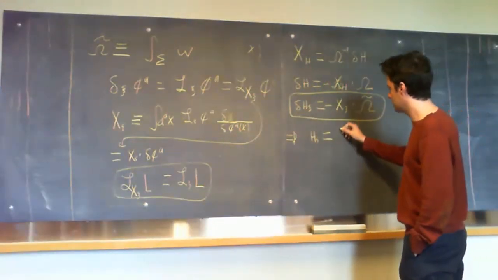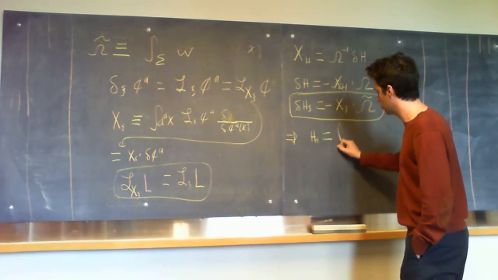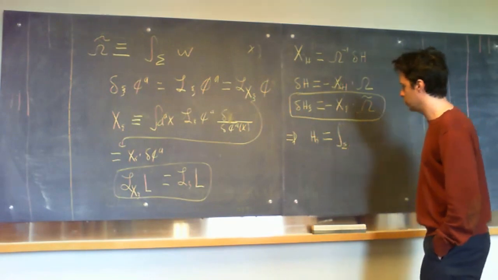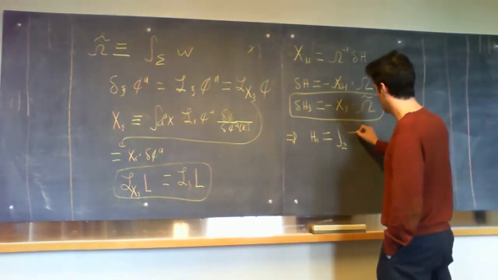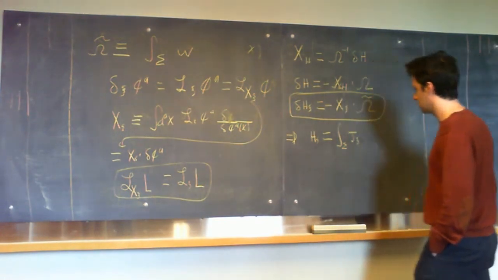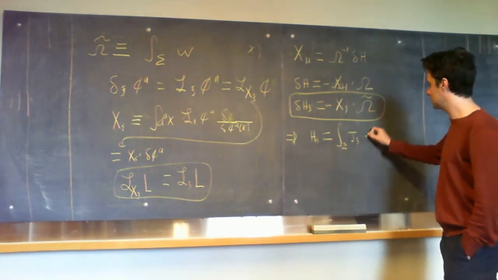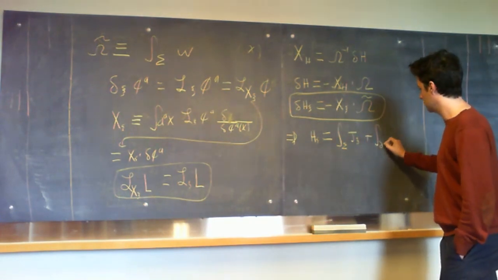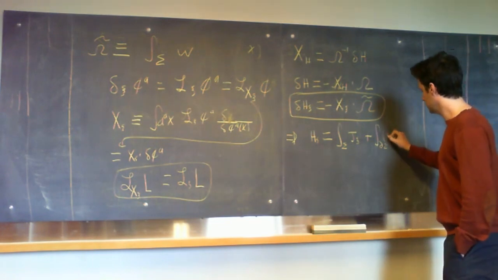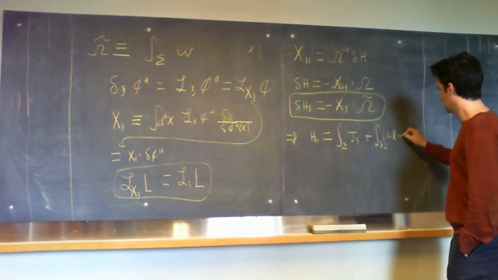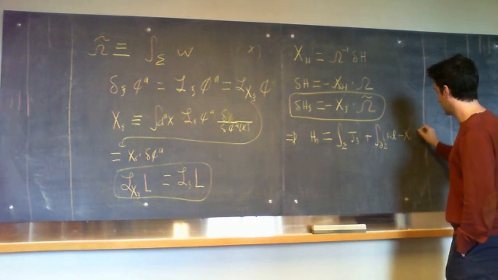So then what we find is that we get an integral over a Cauchy slice, where it won't matter which Cauchy slice we pick, something called J_X_C, which I'll explain in a minute, plus an integral over the boundary of the Cauchy slice of C dot little l minus X_C dot c.